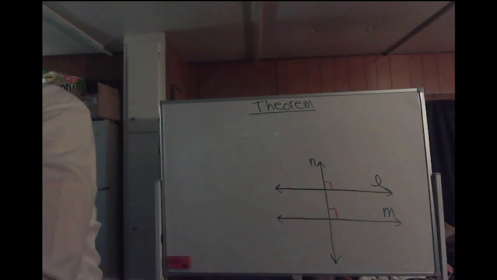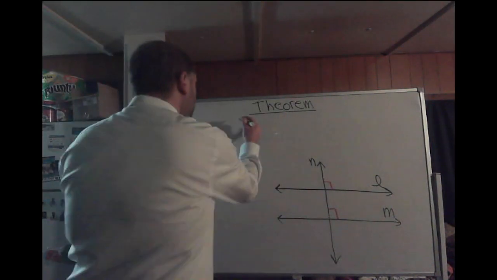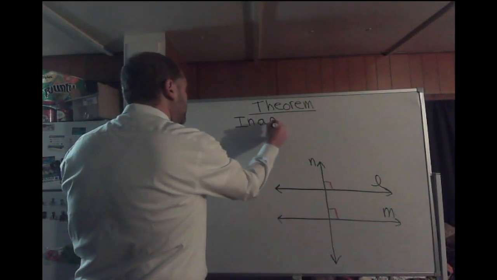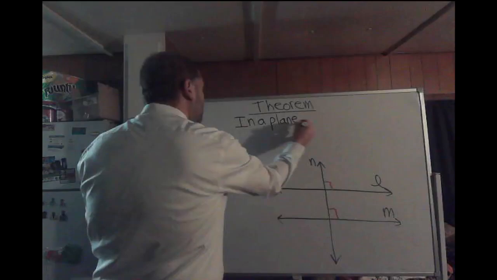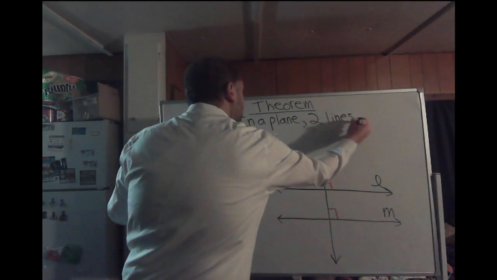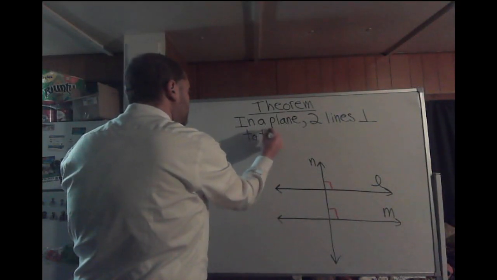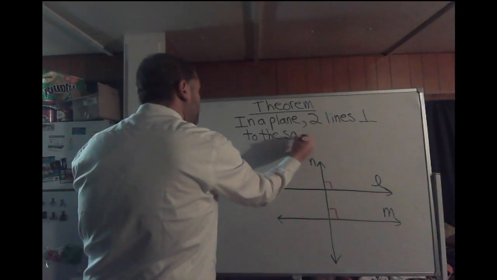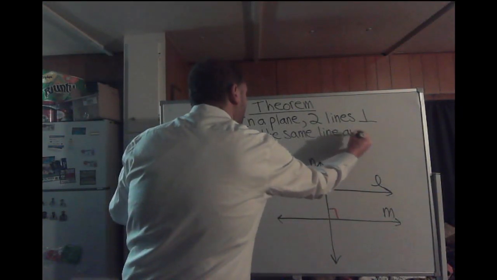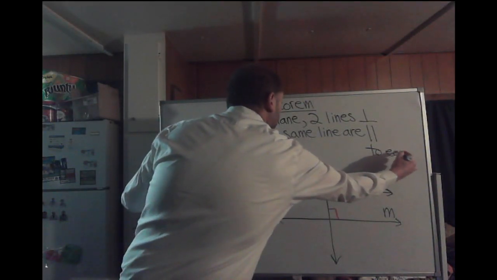Now this theorem states: in a plane, two lines perpendicular to the same line are parallel to each other.